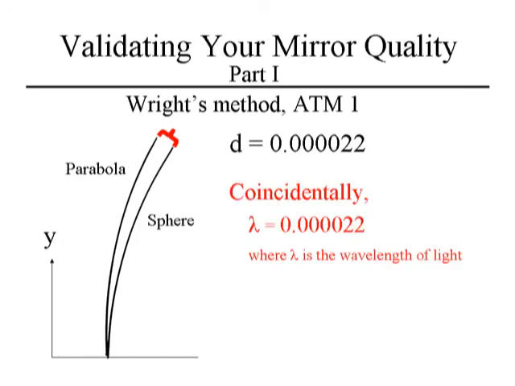Just so happens that 22 millionths is the wavelength of light. But don't let that confuse you. It just happens to be a factor in this particular example. However, since it is the wavelength of light, a quarter of a wavelength of light is 5.5 millionths. We can take this sphere and push it out to a parabola. We don't have to push it the full 22 millionths.